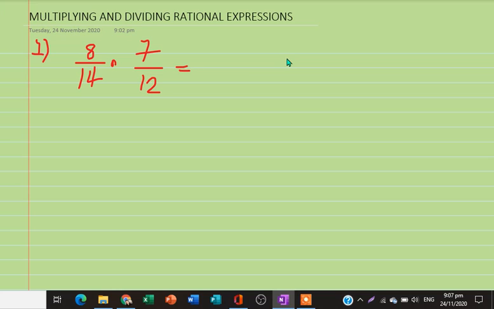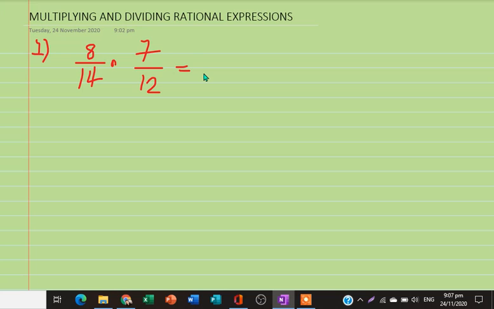Okay. Now, in multiplying fractions, we have to multiply the numerator times the numerator, the denominator times the denominator. Now, there are different techniques on how to multiply rational expressions or fractions.